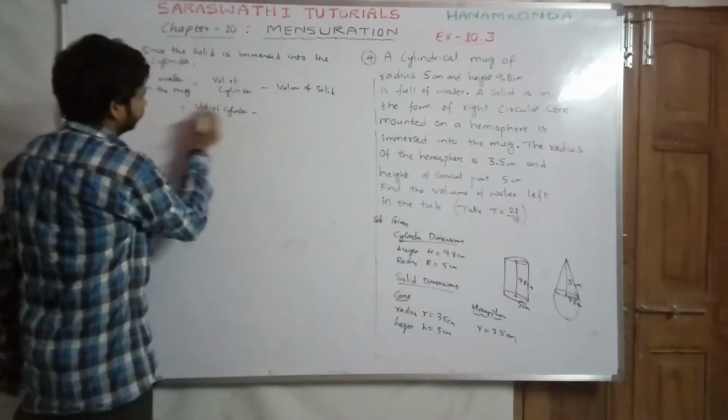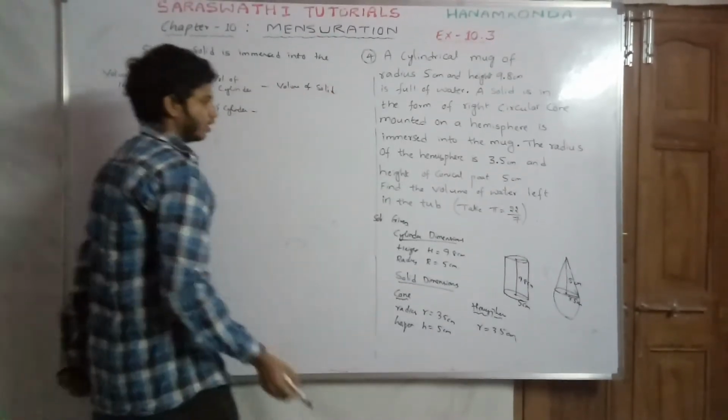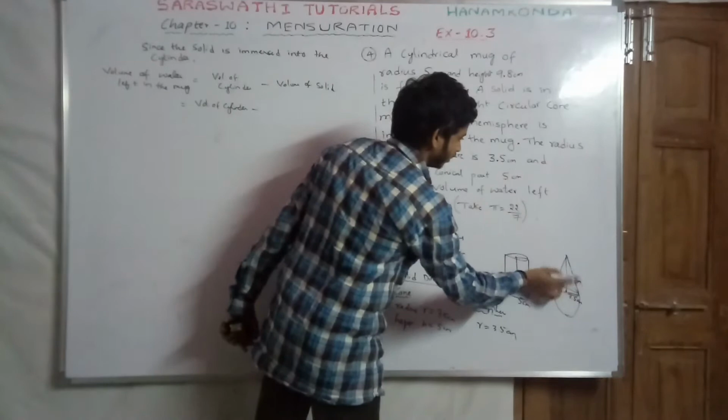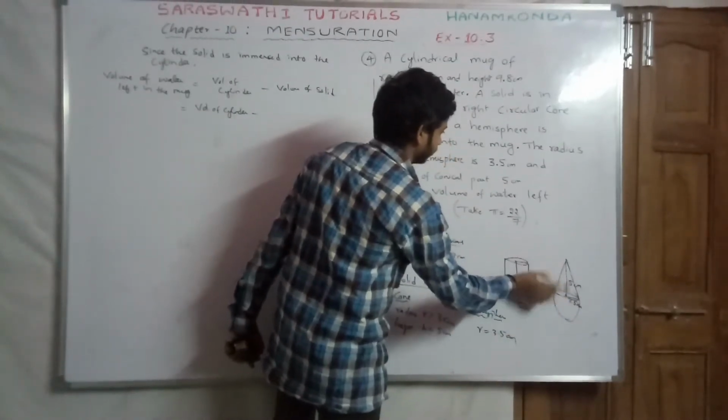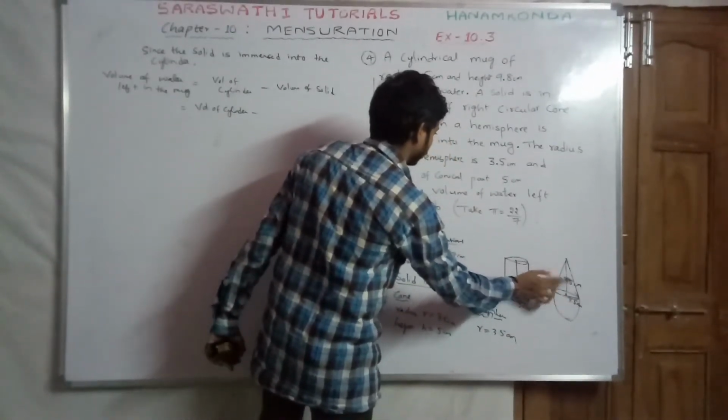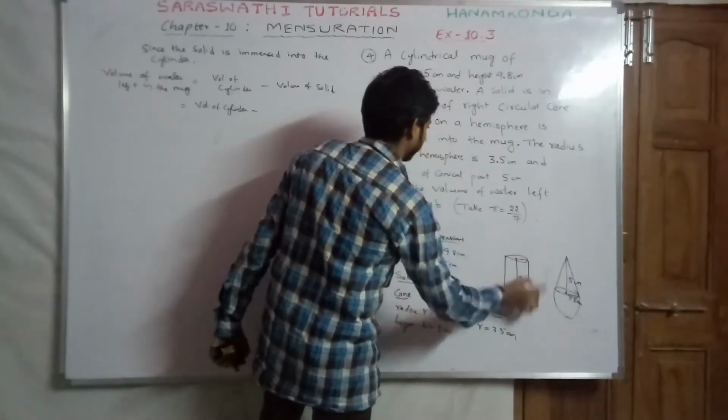The solid is in the shape of a cone mounted on a hemisphere, so we add the volume of the cone and the volume of the hemisphere to obtain the volume of the solid.